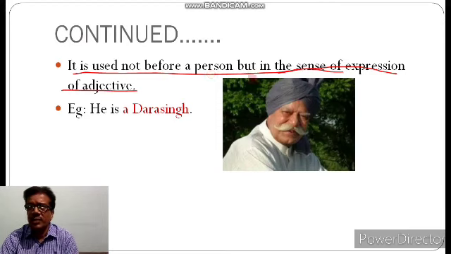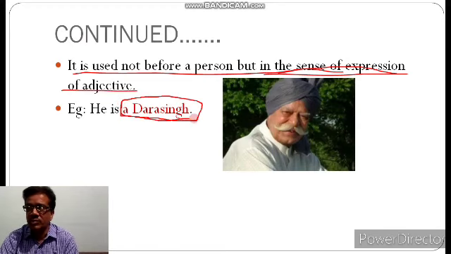That means if you are describing a person just like another person, we are expressing their quality, then we will use a before the word. He is a Dara Singh. That means I am saying that he is like Dara Singh, not that he is Dara Singh. So before that we have used a.